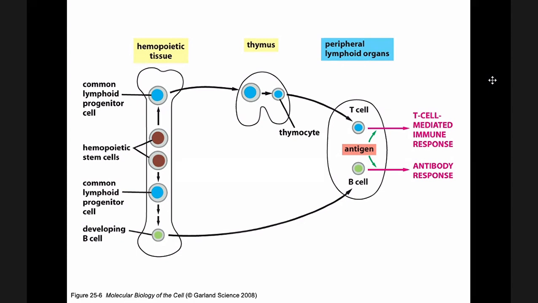This is for B cells. That means the development process of B cells takes place in bone marrow.